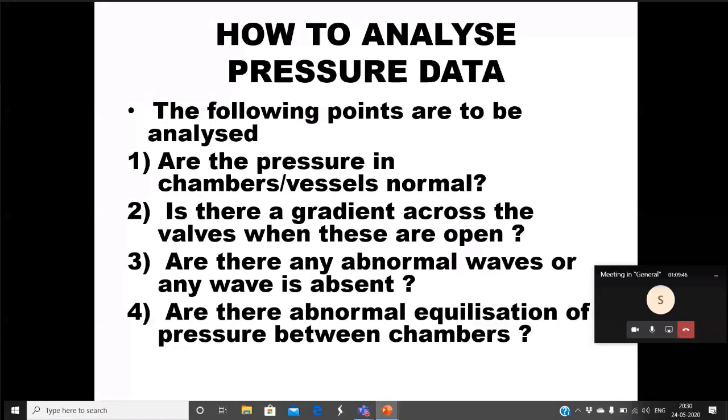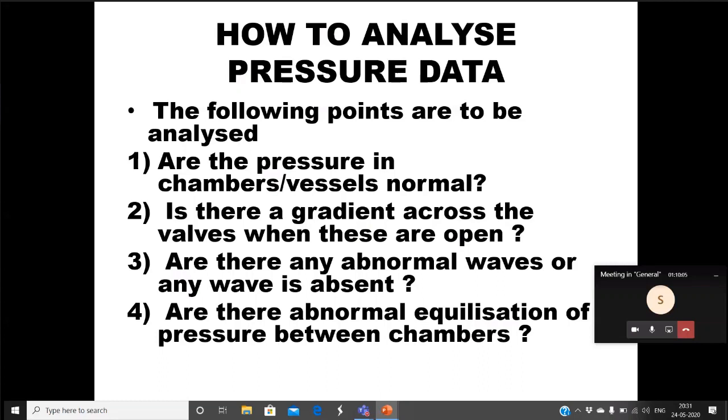When you analyze the pressure data, it should be done in a systematic manner. The following points are to be analyzed. 1. As soon as you see a pressure in a chamber or a vessel, you should know whether the pressure is normal. 2. When you are seeing the pressure between two chambers, is there a gradient across the valve when that particular valve is open?